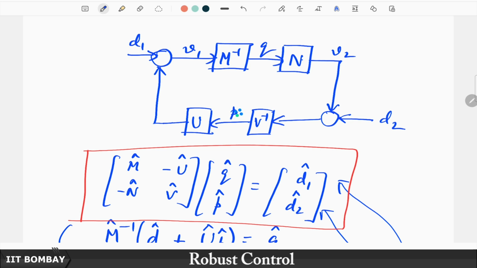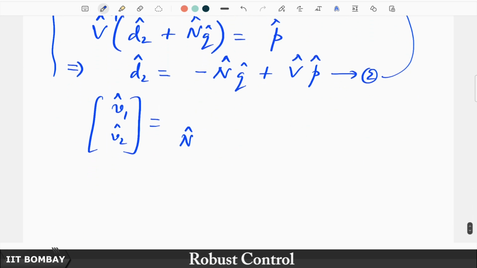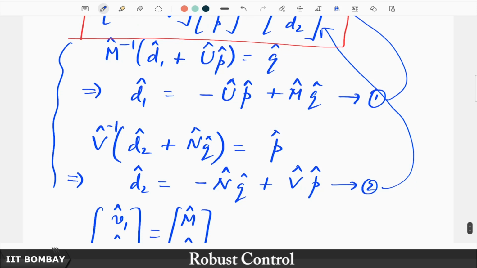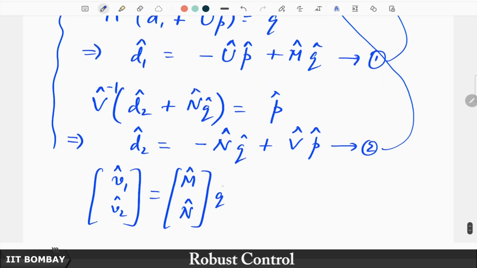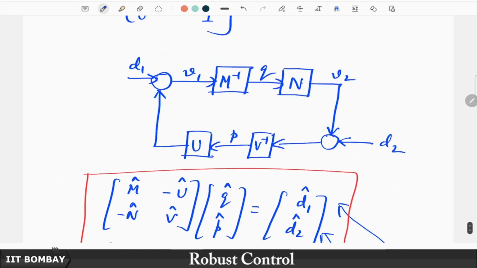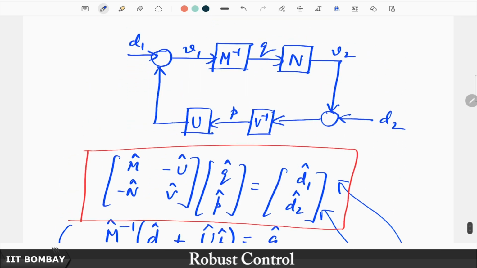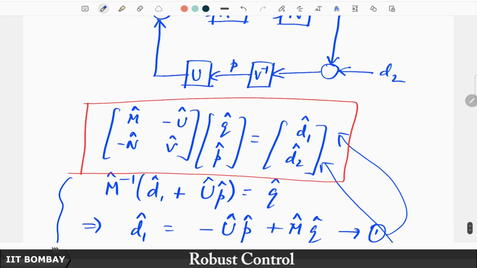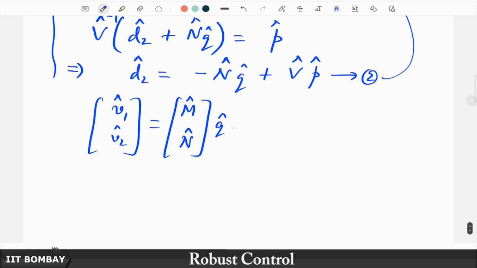Therefore, q hat being hit by m hat on the left hand side would result in v1 hat, just what we have done. So, I am just relating it with q only. On either side of q you have v1 and v2.